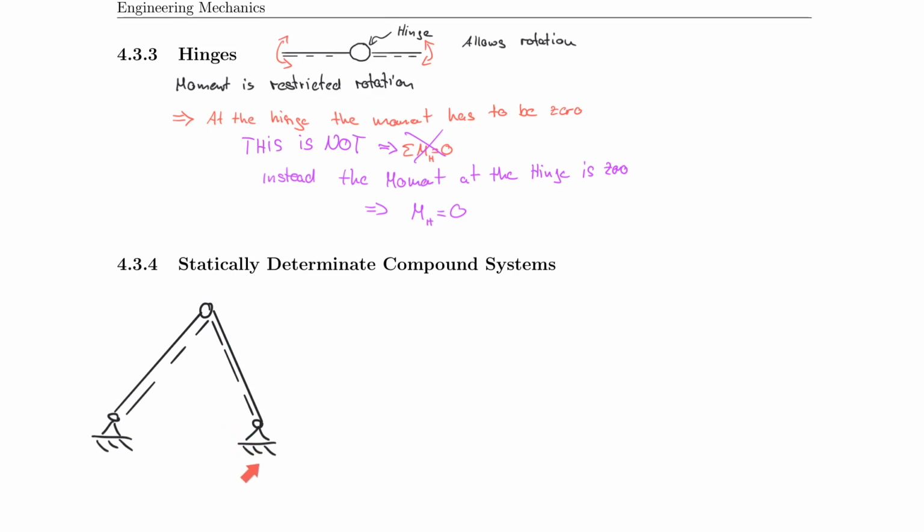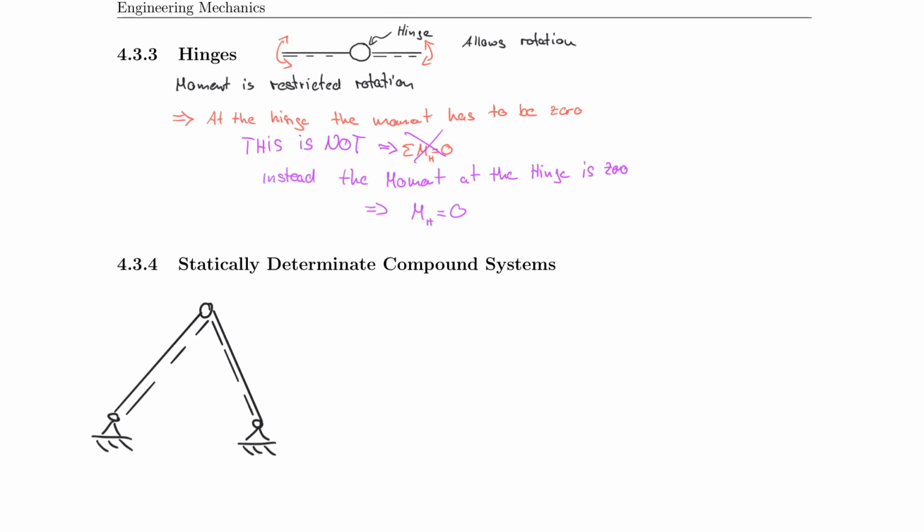And so you can, for example, take the sum of the moments about this point and set that equal to 0, and you can take the sum of the moments about that point and set that equal to 0. And so you actually end up with two equations with two unknowns, because you have this boundary condition.